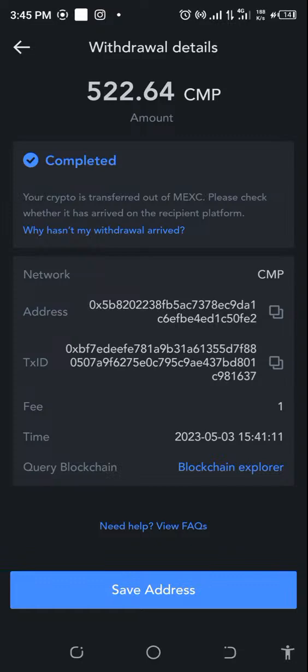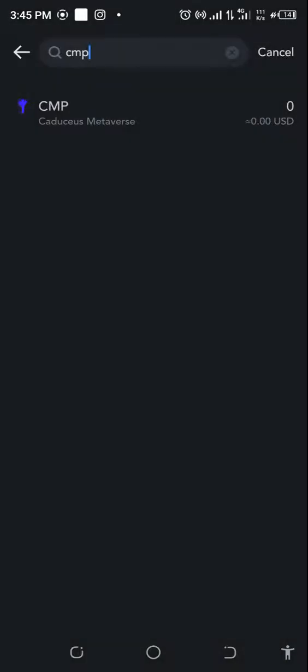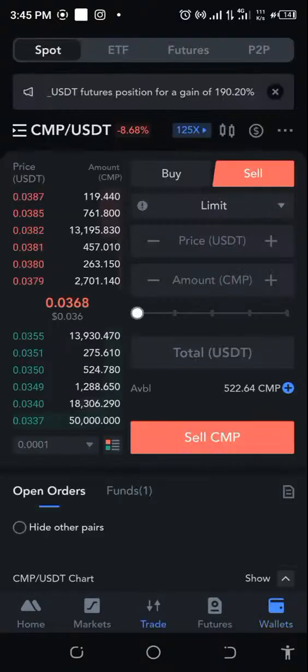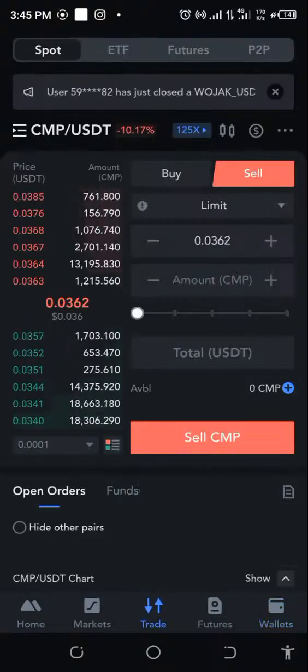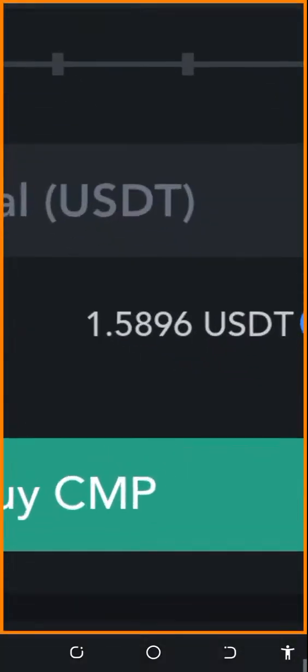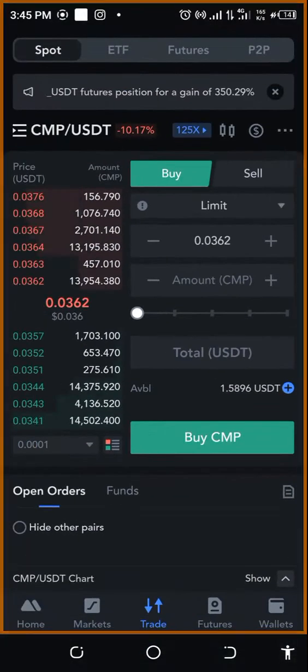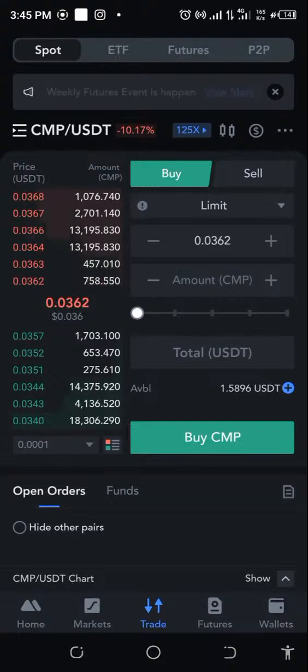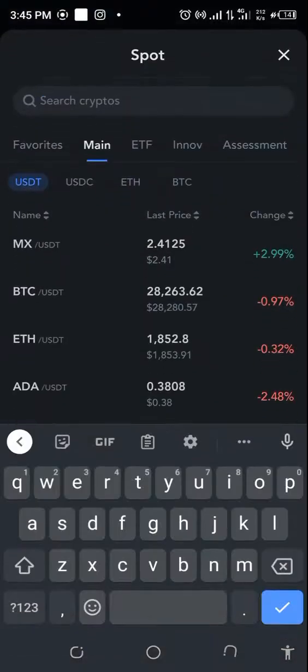All right, let's see how long this is going to take. So let's see what we're going to do with the remaining 1.58 USDT. Well, it's either of two things: either I just leave this here, or I try to change it to XLM. Let me see whether it would allow me.